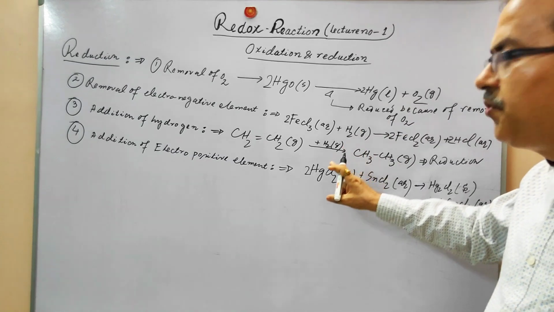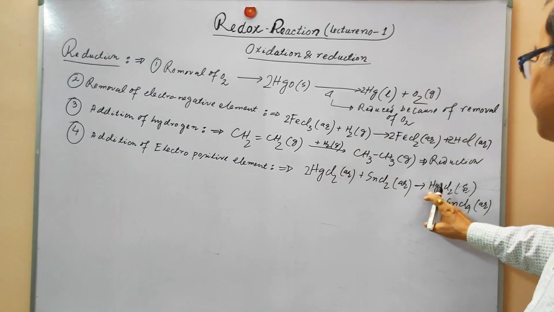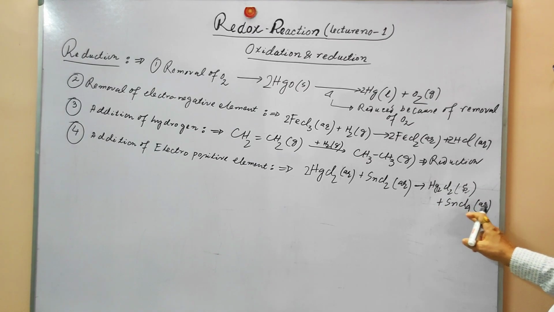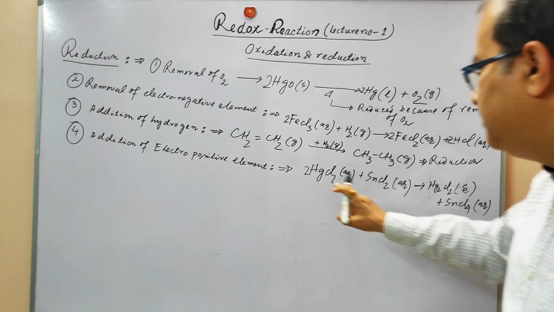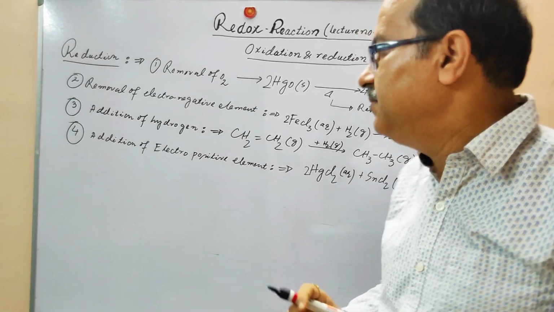Here in the mercury chloride there is an addition of the mercury and it will produce the Hg2Cl2 in the solid state, and stannous chloride will produce the stannic chloride. Here HgCl2 has been reduced because there is an addition of the electropositive element.